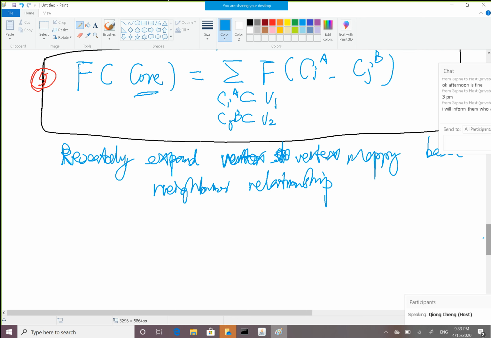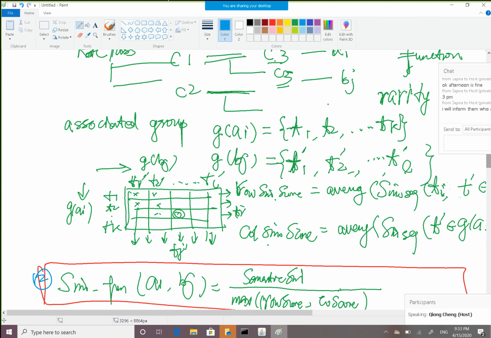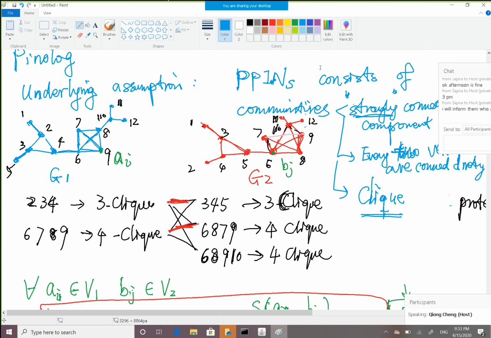This corresponds to calculating the similarity of the extended map of, now let's use AI and BJ to represent, AI and BJ. In this case, AI and BJ belong to the vertices which are not in the core: 1, 2, 10, 11, 12.